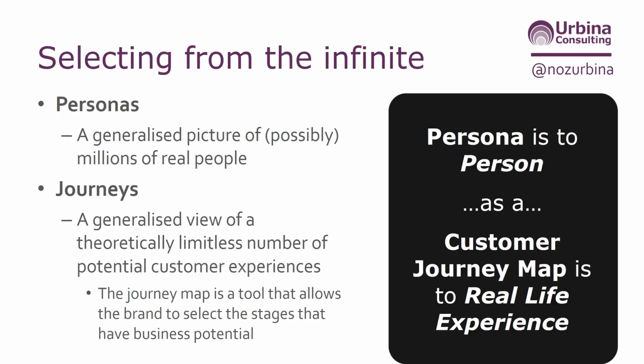So persona is to person as a customer journey map is to a real life experience. We cannot manage and we cannot anticipate every experience everybody could possibly have, but there is a way to give ourselves covered much better than we are today and get our content much more sophisticated than it is today. And that's by doing good, solid, detailed customer journey maps and using those to design great content for our users.